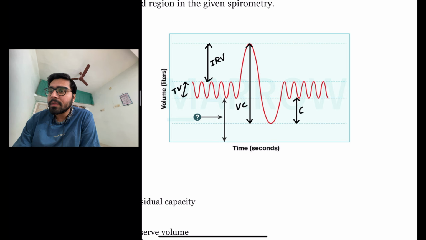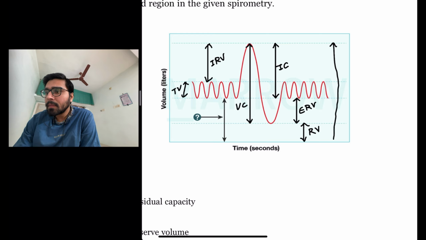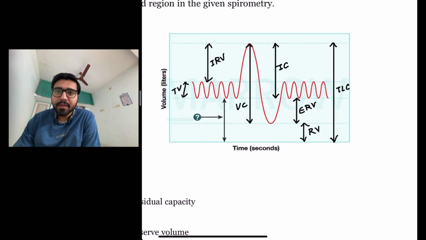This one is known as expiratory reserve volume. This one is known as residual volume. This one is known as inspiratory capacity. And this one is known as total lung capacity.